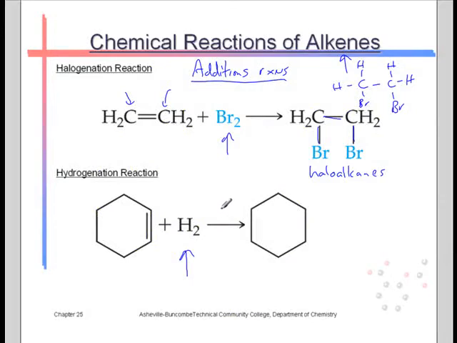I've only chosen two of the simplest addition reactions, just to give you exposure to what's happening in this very broad field. There are at least a half dozen simple addition reactions that you would get a hold of probably in your first semester of organic chemistry, and these are just two of them.